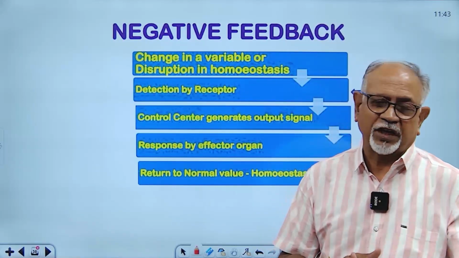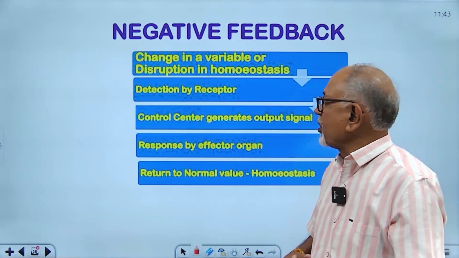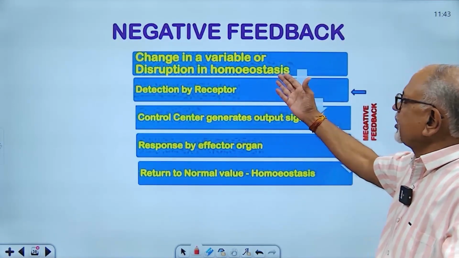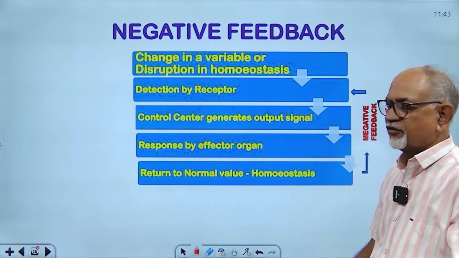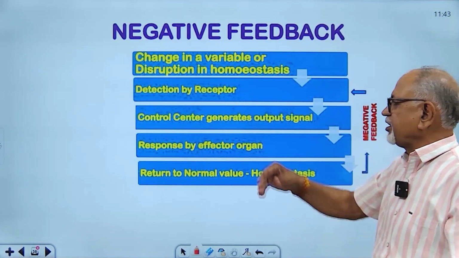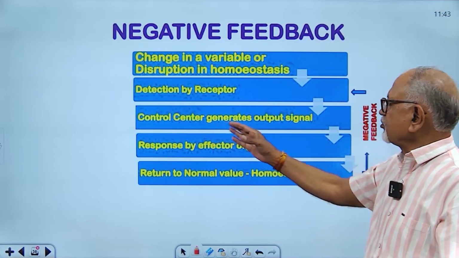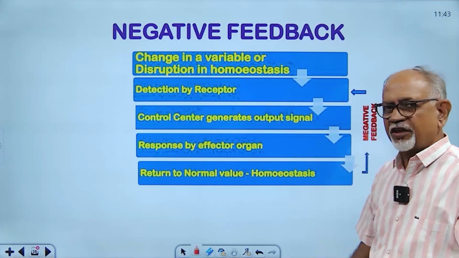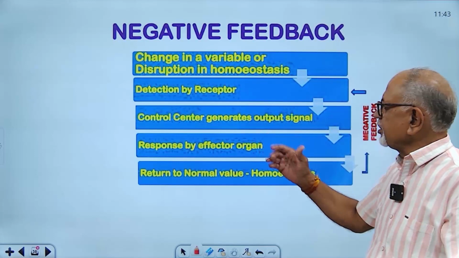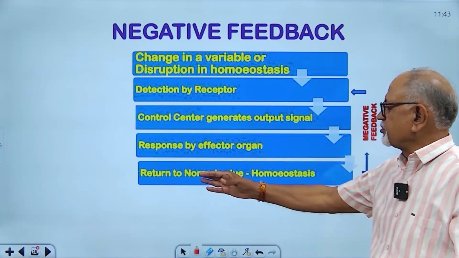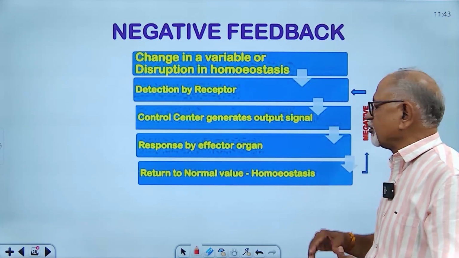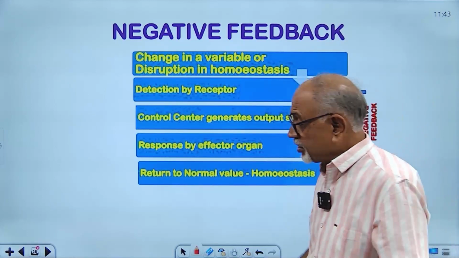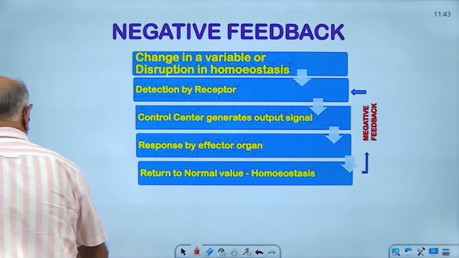This is called negative feedback mechanism. It works like this: a change in a variable or disruption of homeostasis is detected by a receptor, then the control center generates an output signal which is sent to the effector organ, and there is a return to normal value, that is, establishment of the homeostatic condition.